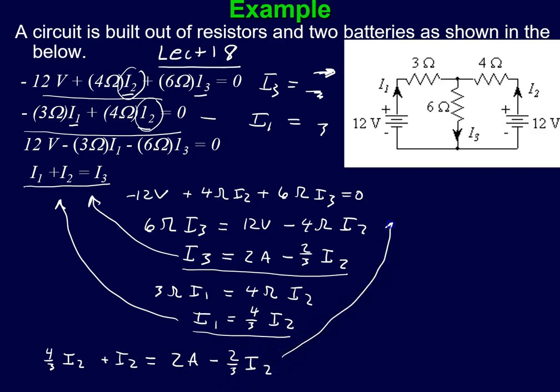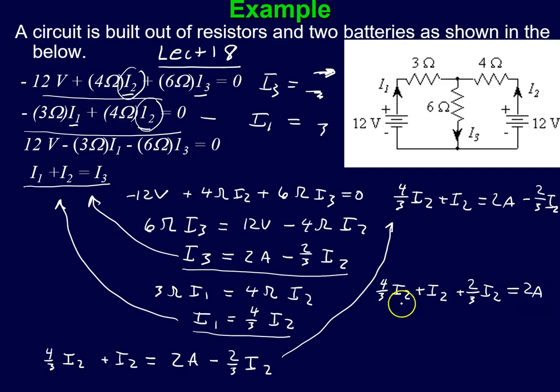Let's bring this equation over here and start working on it down here. Again, 4/3 I2 plus I2 equals 2 amps minus 2/3 I2. I'm going to bring all the I2s over to one side. So I get 4/3 I2 plus another I2 plus 2/3 I2 equals 2 amps.